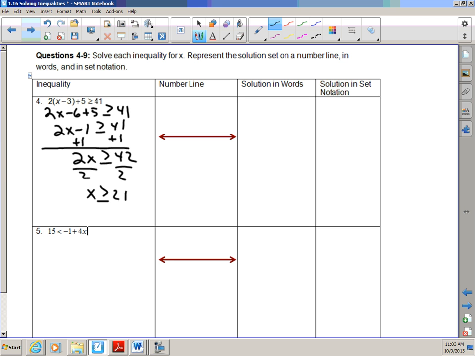I'm just going to show you this in the number line because the set notation and in words is pretty redundant. You only need 3 hash marks for your number line. The solution should be in the middle, 1 above, 1 below, or counting by equal number of units. It's filled in circles since it's equal to, and it's greater than, I'm going to the right. Okay.